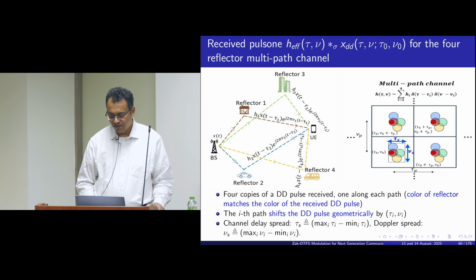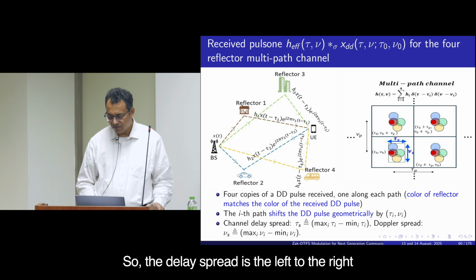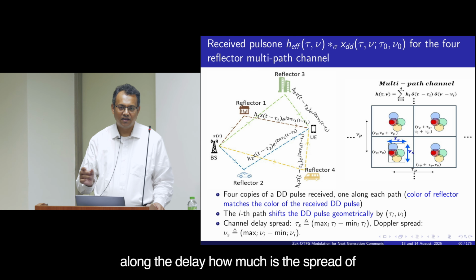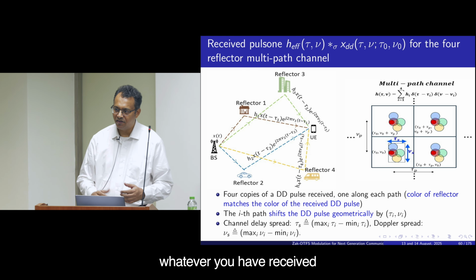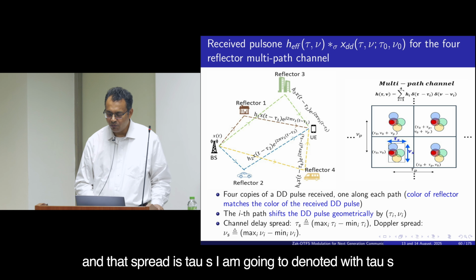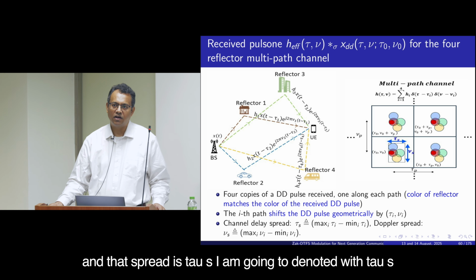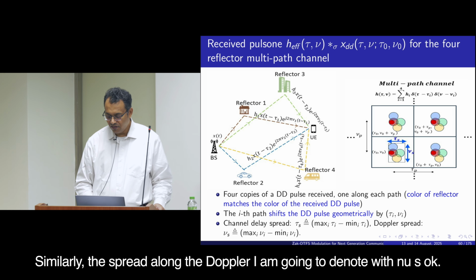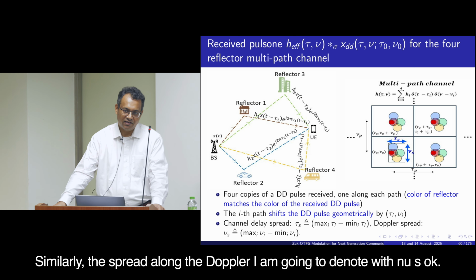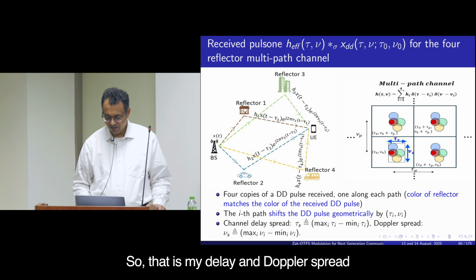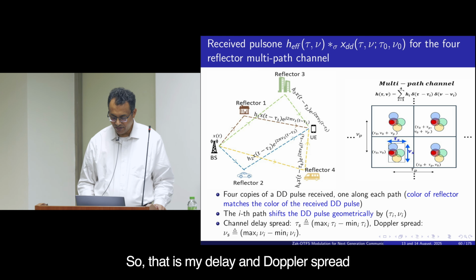The delay spread is how much is the spread of whatever you have received from left to right along the delay, and that spread is tau s. Similarly, the spread along the Doppler I am going to denote with nu s. So that is my delay and Doppler spread.